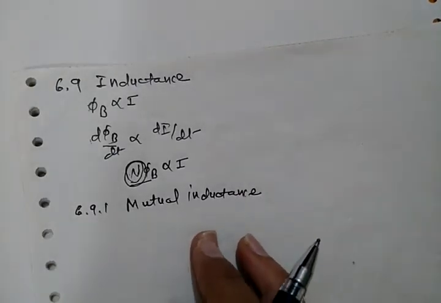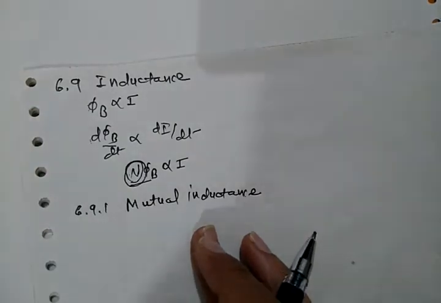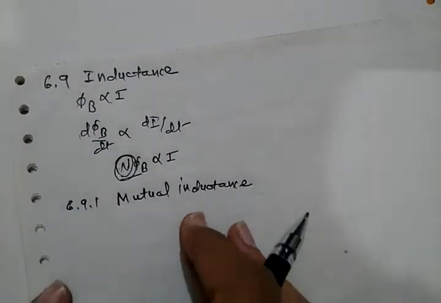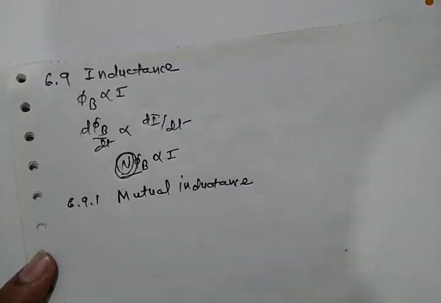Now as shown in figure 6.15, two long coaxial solenoids of the same length L. See the figure 6.16 on page number 220.